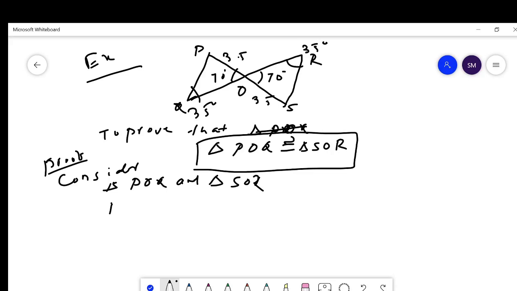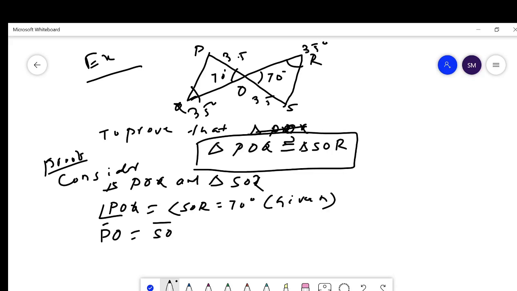Here angle POQ is equal to angle SOR is equal to 70 degrees, given, and side PO is equal to SO is equal to 3.5 centimeters, given.